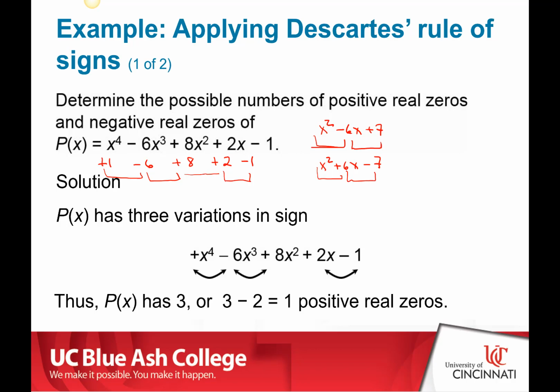But from the 6 to the minus 7, there's a sign change. Now we've only got 1 positive root. Earlier, even though they've got the same numbers, 1, 6, 7, because the signs are different, it'll alter the number of possible real positive roots or real negative roots that you might get. Make sense?